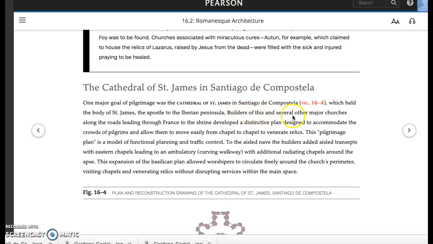Builders of this and several other major churches along the roads leading through France to the shrine developed a distinctive plan designed to accommodate the crowds of pilgrims and allow them to move easily from chapel to venerate relics. This pilgrimage plan is a model of functional planning and traffic control.